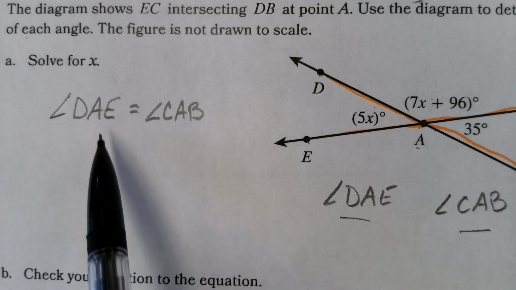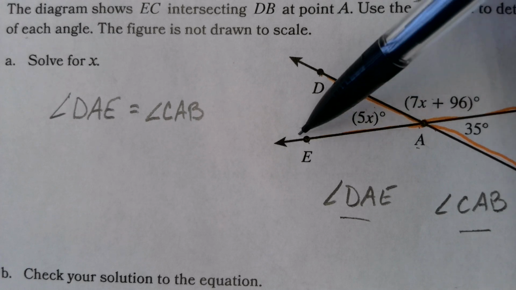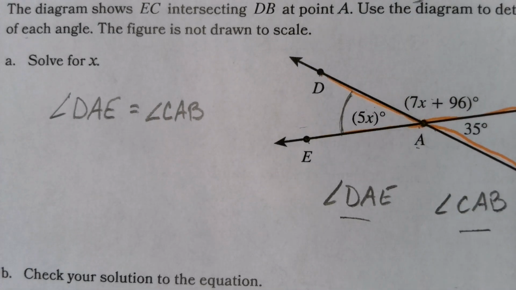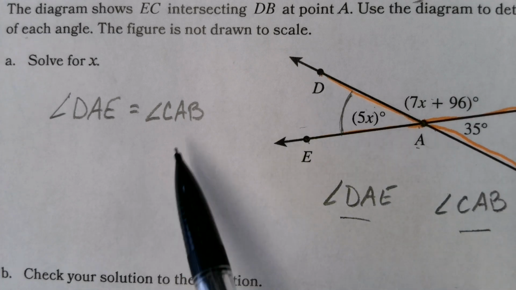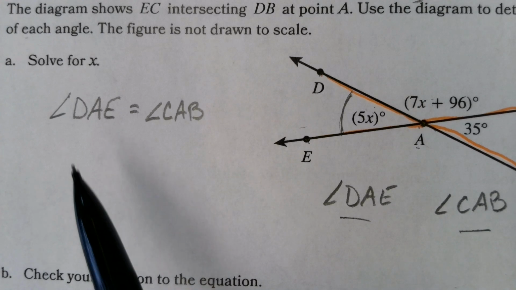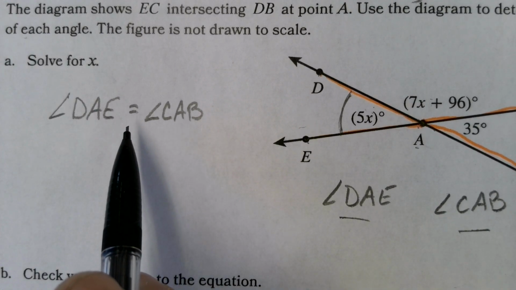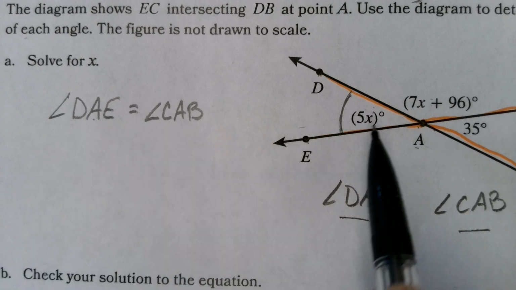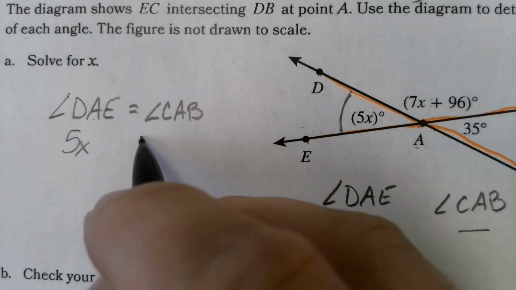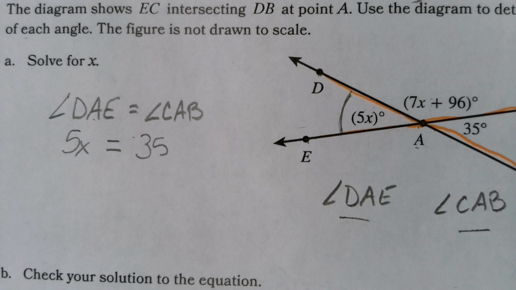Because if I said, where is angle DAE? You would find D, go to A, and go to E. And then the angle part that's in between those two lines is what we're referring to. Okay. So if I know that angle DAE and angle CAB are equal to each other, I know that DAE is 5x. I know that CAB is 35, so I know these two things are equal to each other.